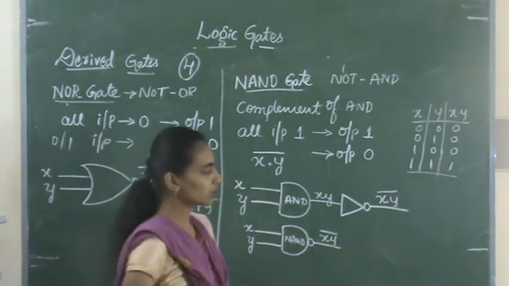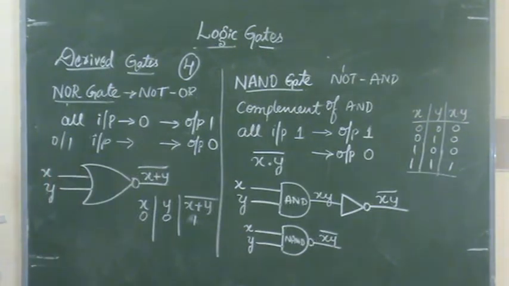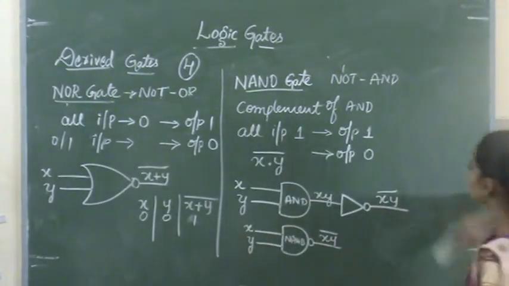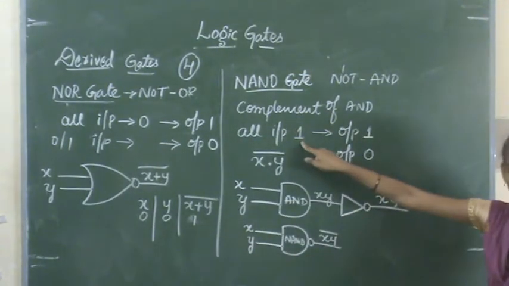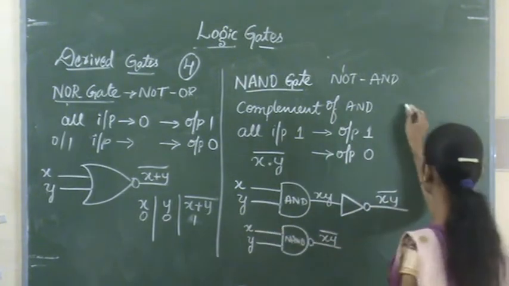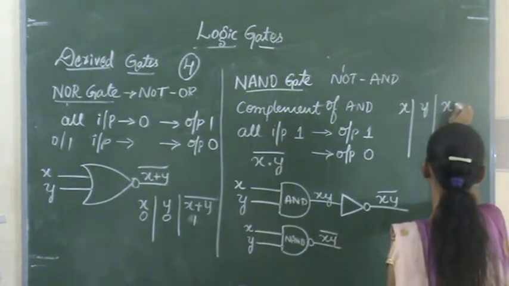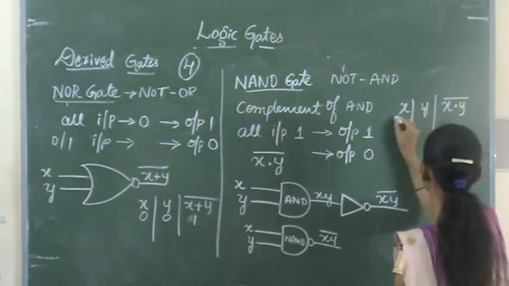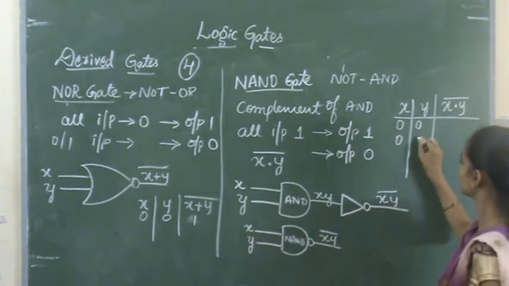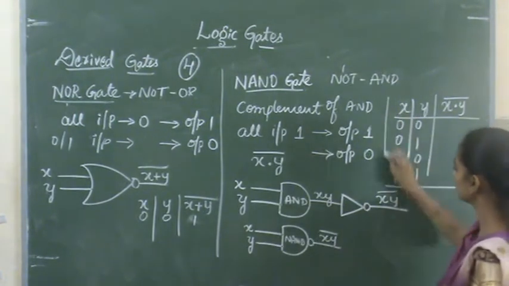So what is the truth table for a NAND gate? Here I am taking two variables, x and y, and the output x into y whole bar. We know how to write the truth table, right?